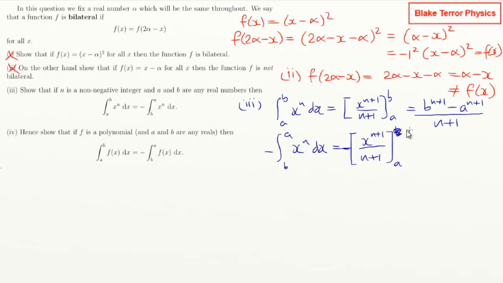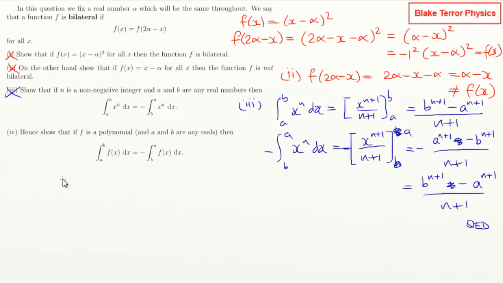So that means we're going to get minus a to the n plus 1, that should be a minus b to the n plus 1 over n plus 1, which equals b to the n plus 1 minus a to the n plus 1 over n plus 1. Right, so that's what they wanted.